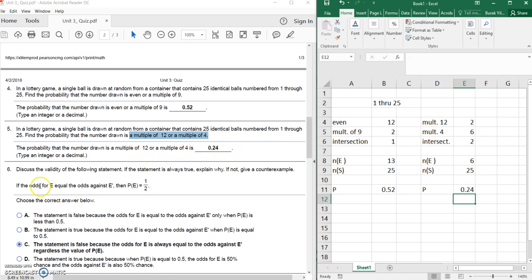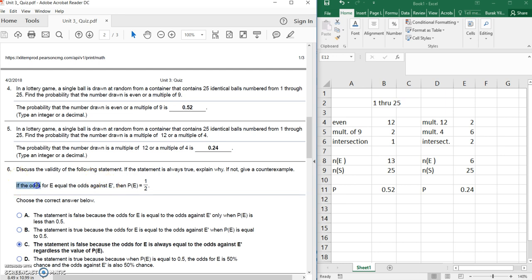Number 6. Number 6 is a trick question, so just be careful here. E is the event, and E prime is the inverse of the event. Like if E is rolling a 2 when you roll a die, then E prime would be rolling anything but 2.